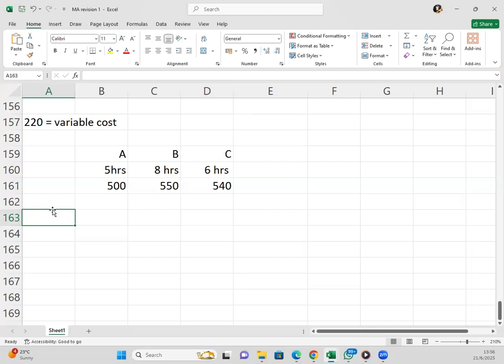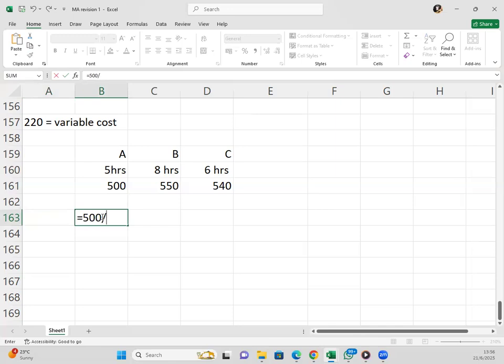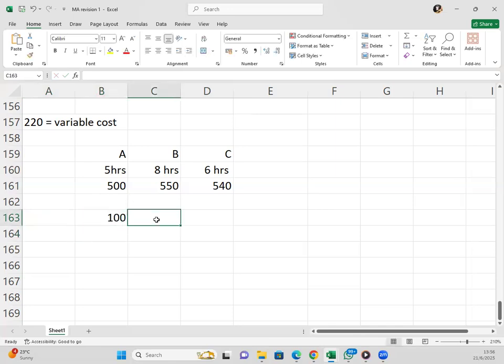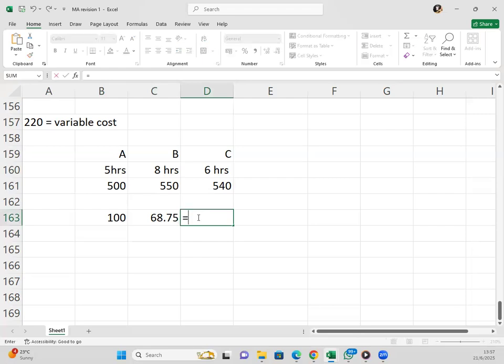If I go to A, they are paying me $100 per hour. If I go to B, they are offering me something like $68 per hour. If I go to C, they are offering me something like $90 per hour. So A is giving me a higher return from the limiting factor.